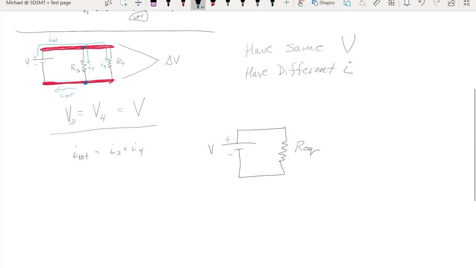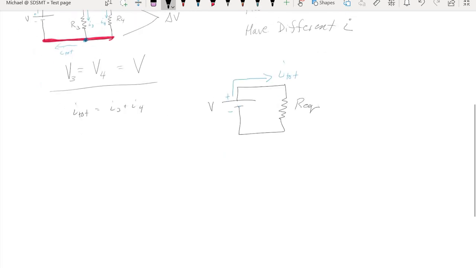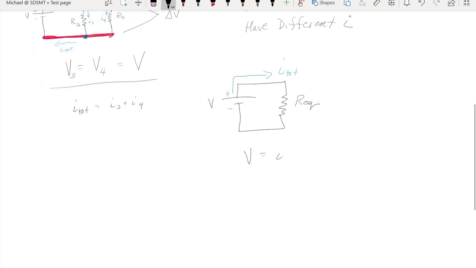Well, we mean that we want that equivalent resistor to draw the same total current from the battery. V equals IR, in this case I total and R equivalent. This potential here, the potential across the equivalent resistor, is the potential of the battery, which is the same as what we have up there.